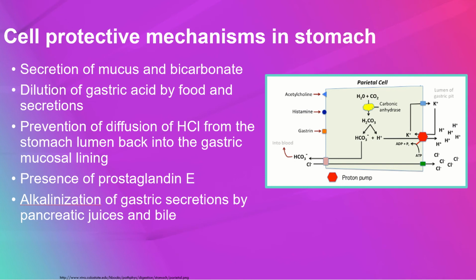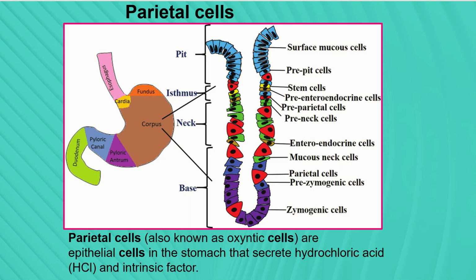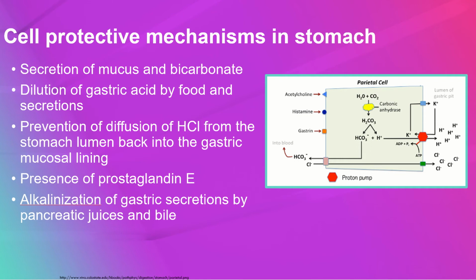All right, so there are certain cell protective mechanisms in the stomach. For example, secretion of mucus, and as we saw here, there are some mucus neck cells, etc. So you have secretion of mucus and bicarbonate. As you know, this is your bicarbonate ion. We know that it is on the basic side of things.